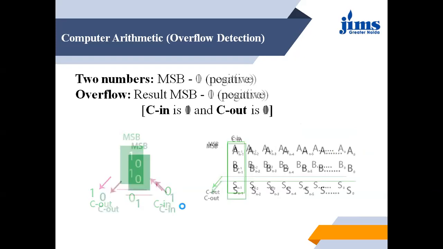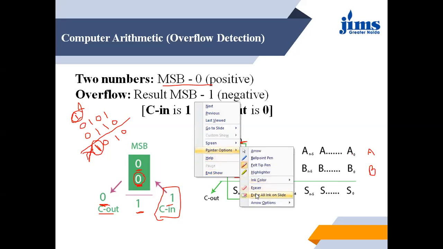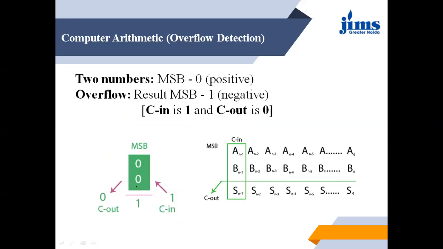In the last case, for positive numbers, C in is 1 and C out is 0. In these two cases, there is an overflow.